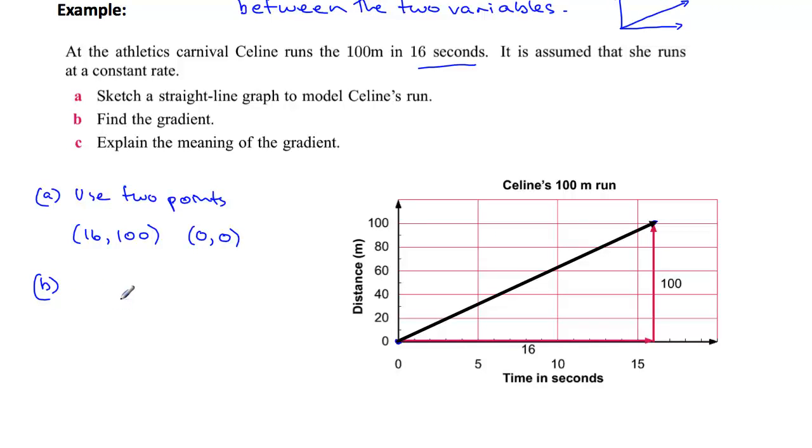Now question B says to find the gradient. In order to find the gradient, we need to draw in a right-angled triangle. This has been done for you. There it is there, our 90-degree line in the corner. And remember, to get a gradient, we need a rise and we need a run.